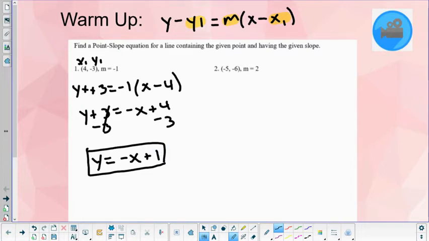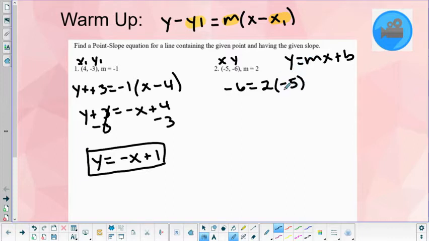Okay, now we're going to try the same thing over here, but this time we're going to use our regular slope-intercept form. Okay, we are going to substitute everything in, then we're going to solve for b. So in this case, again, I have x and y, and I have my m. So y is -6, m is 2, x is -5.